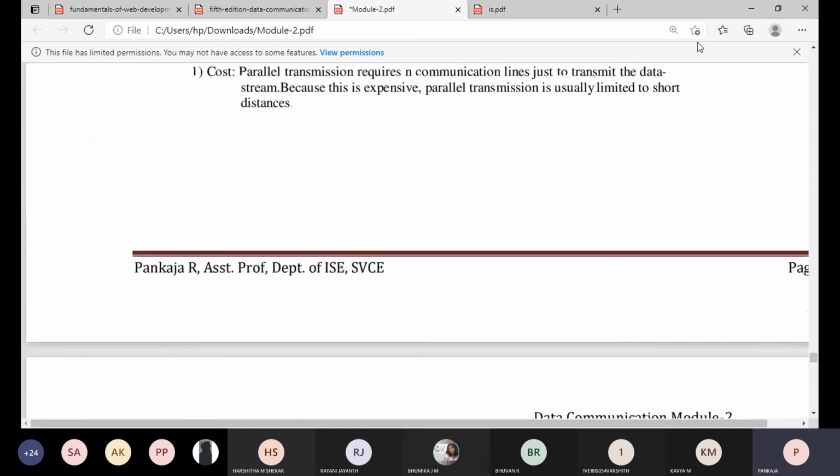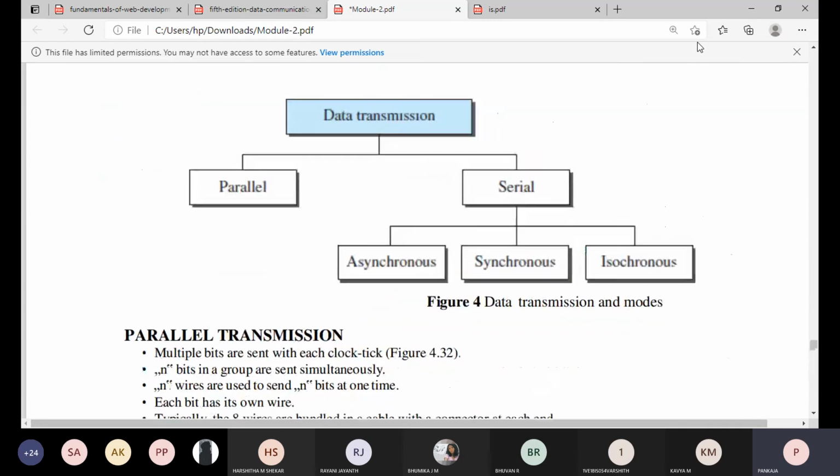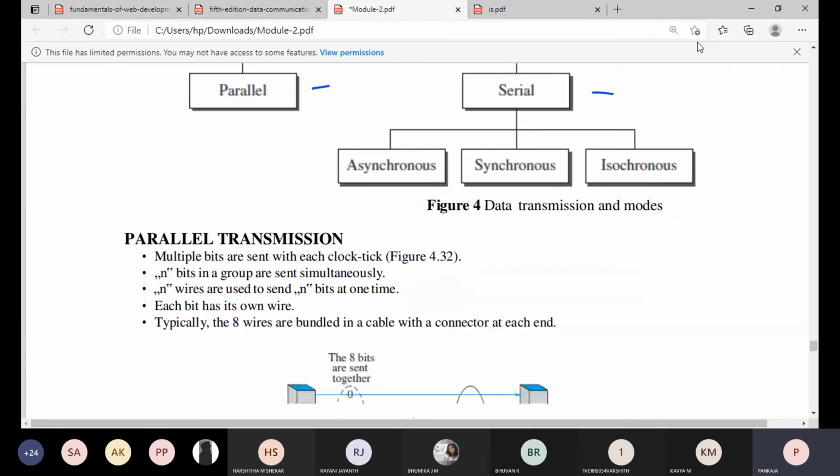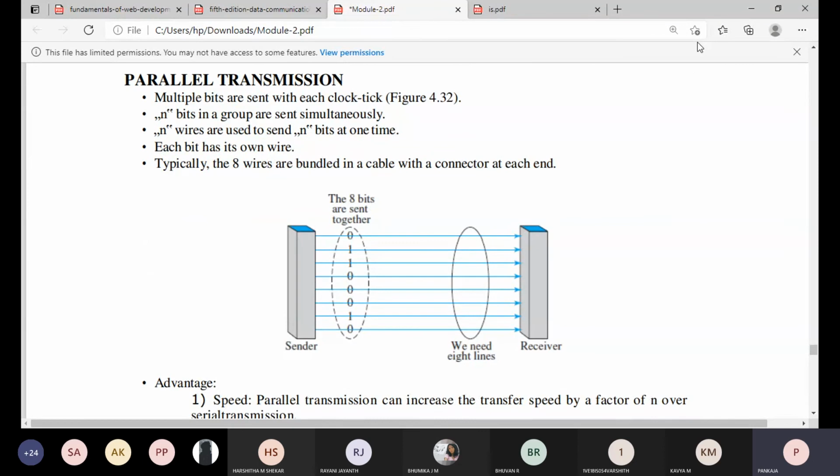You may get a question on this also: explain different types of transmission modes. With an explanation, you have to give all five methods. First explain serial, parallel. One or two advantages and disadvantages you need to specify, and diagrams are very important. Practice the diagrams.